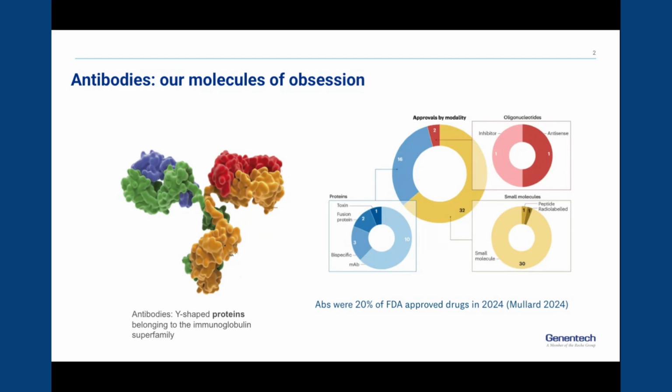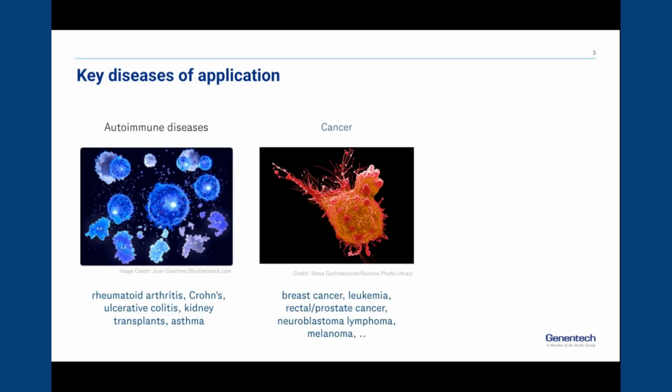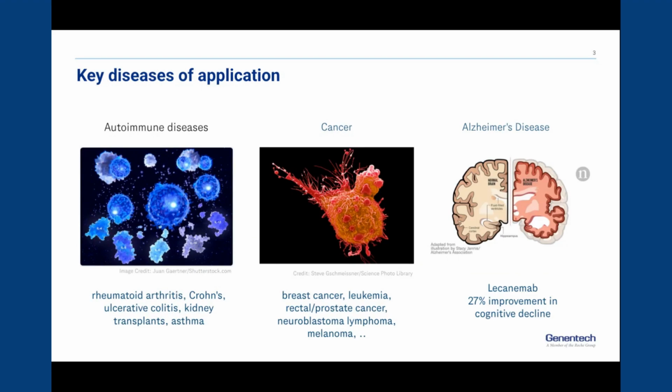In the previous year, it was even more, maybe about 30%. So they are one of the fastest growing classes of drug molecules over the past decade. That's mainly because they can be used to target very complex diseases, such as autoimmune disease and cancers, and as of very recently, Alzheimer's disease as well.